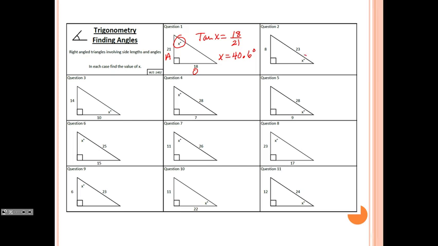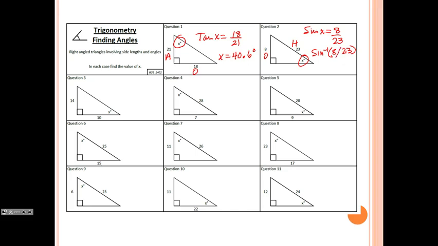Okay, this one is our starting angle. We've got opposite and hypotenuse, so we have the sine. Sine x equals 8 divided by 23. So we're going to hit shift or second, sine -1, and do 8 divided by 23. This is a division.